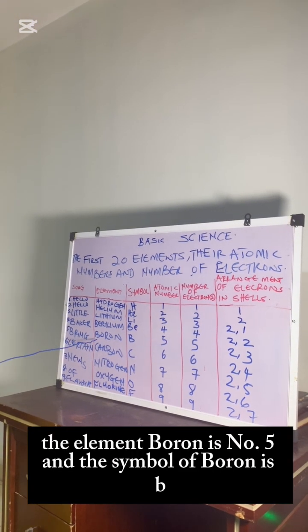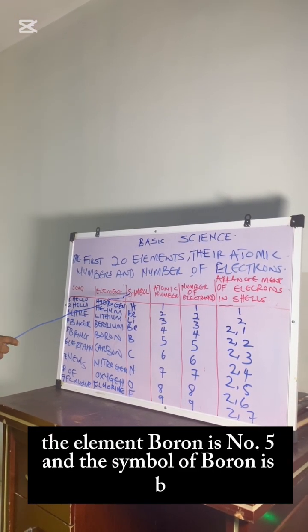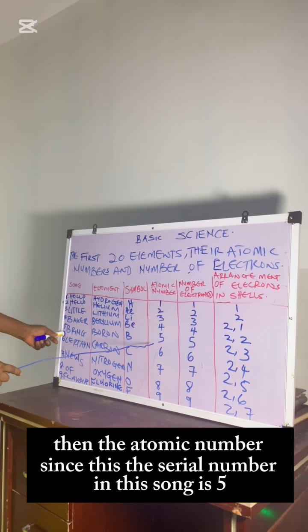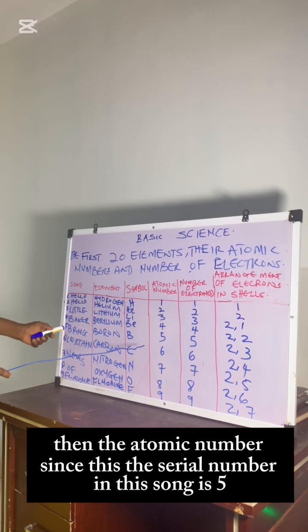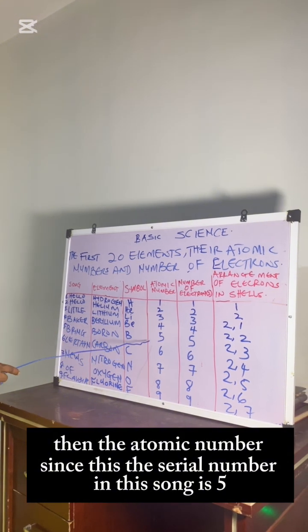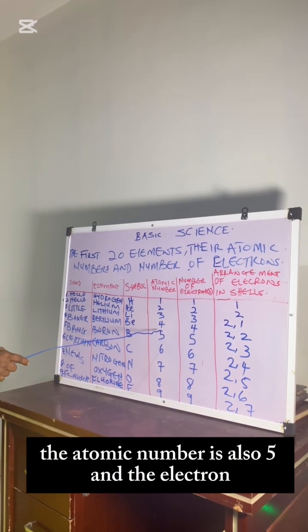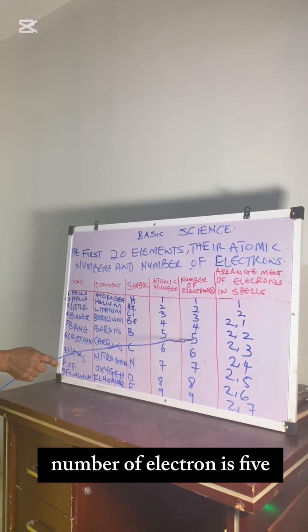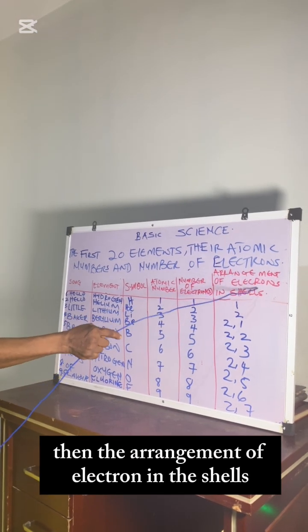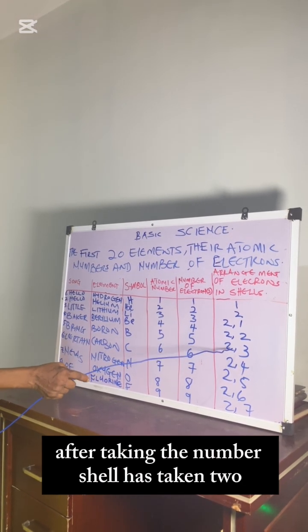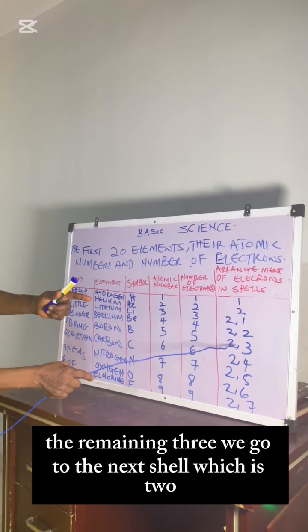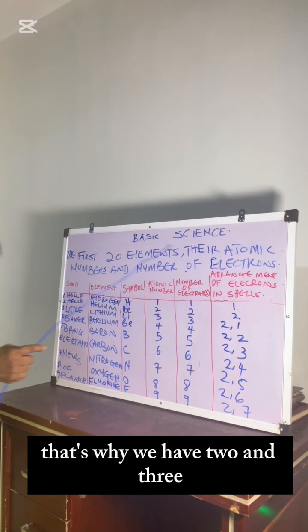The element boron is number 5, and the symbol of boron is B. Since the serial number in this song is 5, the atomic number is also 5, and the number of electrons is 5. Then for the arrangement of electrons in the shells, after the innermost shell has taken 2, the remaining 3 will go to the next shell. That's why we have 2 and 3.